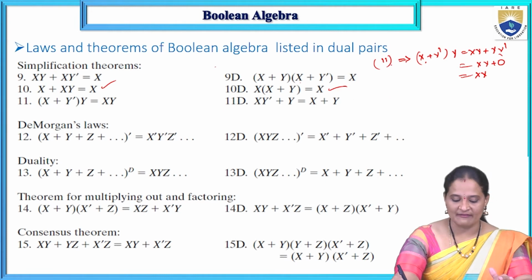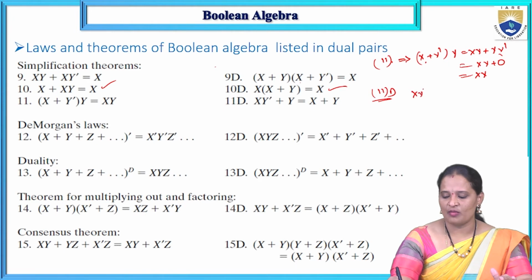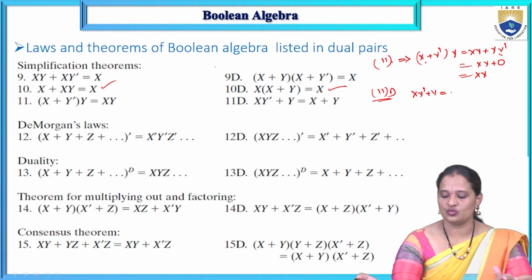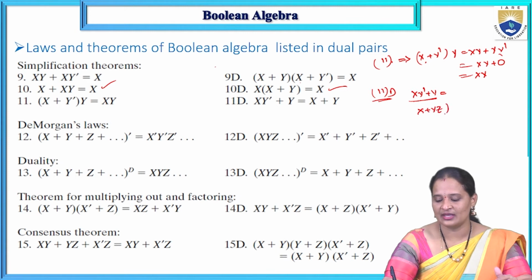Now coming to the 11D. X y complement plus y is equal to what? Here we can apply the distributive law. The distributive law says that x plus yz can be written as x plus y into x plus z.